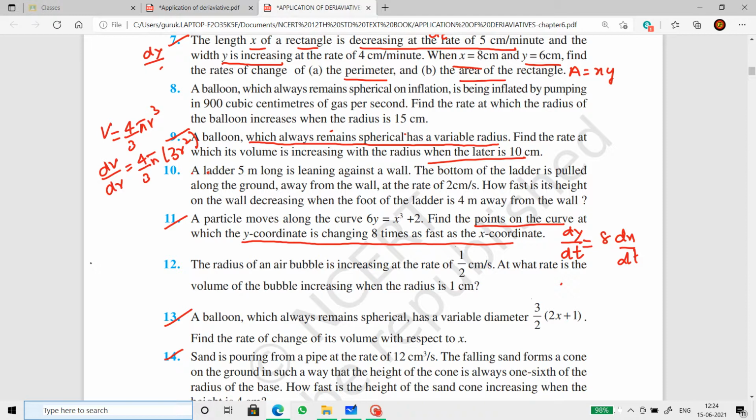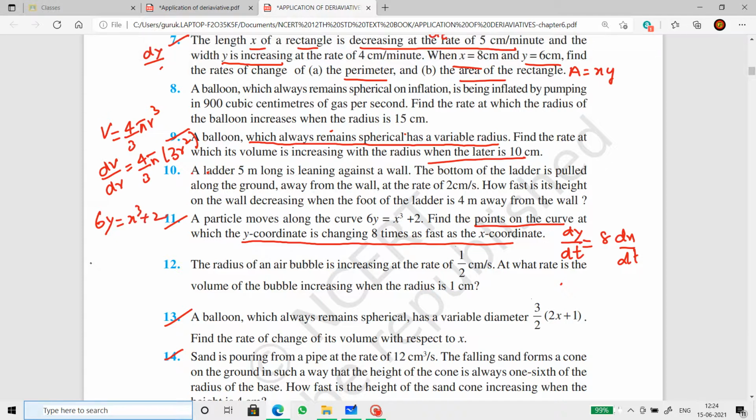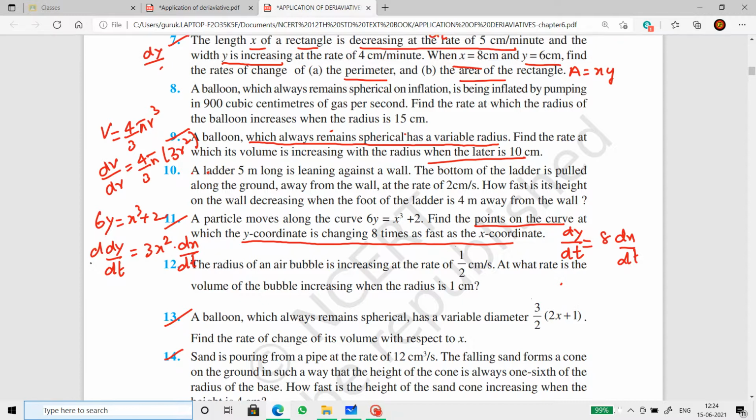Alright, so the path traced by such points is 6y equals x cube plus 2. Differentiate that, you get 6 into dy by dt equals 3x square into dx by dt plus 0, because of differentiation of 2. Right?